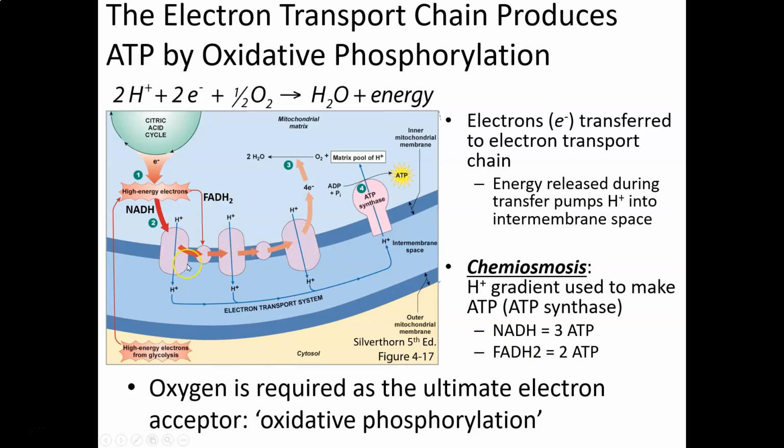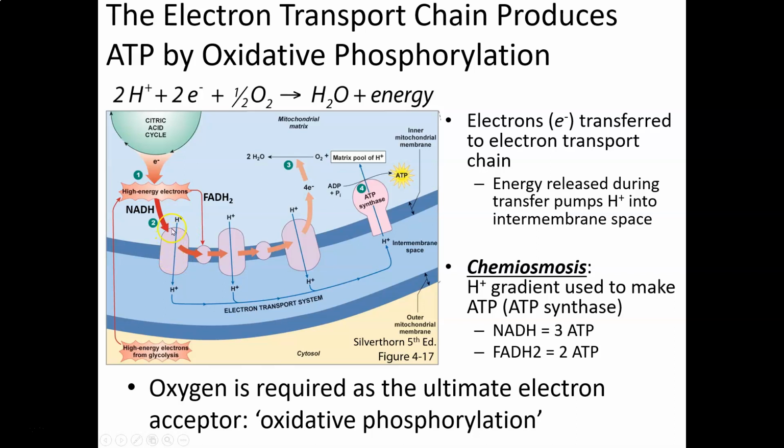Okay? Now, the electron transport chain is just a series of proteins. They're enzymes, basically. And the reason why NADH gives us 3 ATP and FADH2 only gives me 2 ATP is where they enter. NADH enters at the beginning of the pathway. So if you look right here, here's NADH entering the first cytochrome, the first protein, basically.